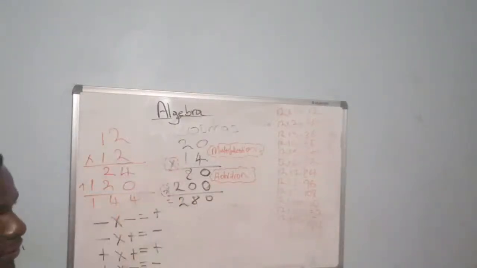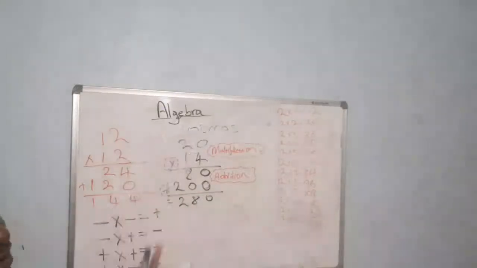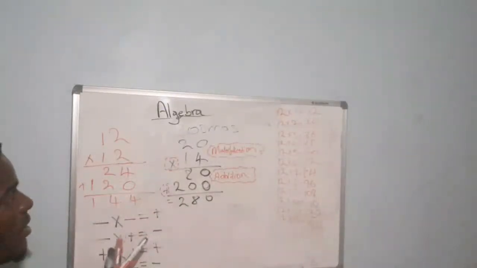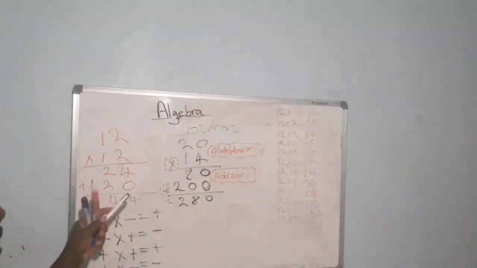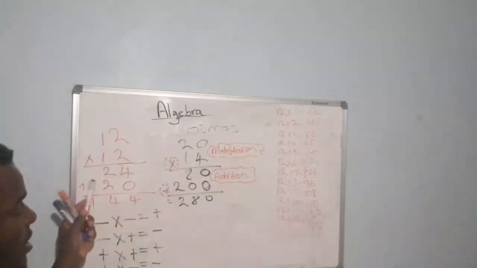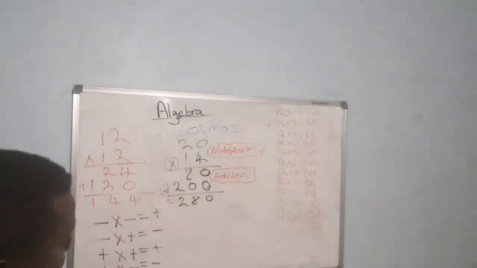After you've completed the initial stage of the division process, the second stage of the division process is the subtraction stage. But I'll do that in another video for you, because today I'll be doing just multiplication and addition. Alright? And the concepts of multiplication and rules when multiplying.